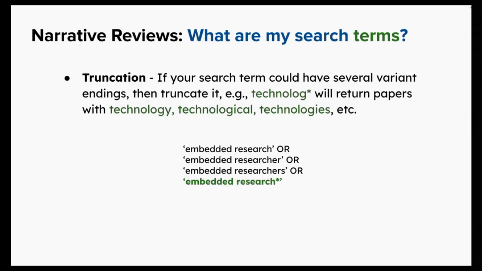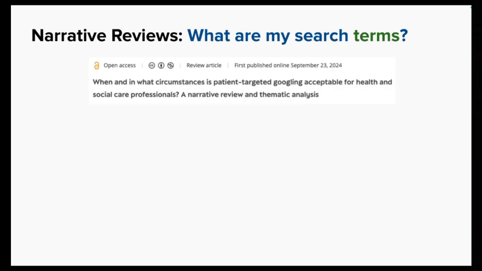Another example here is embedded research, embedded researchers, and so on. Really, it's an efficiency play, honestly. We're humans and we're fallible and we forget things all the time. You might forget, oh, I forgot that that word could also end this way or that it means this thing, and so on.